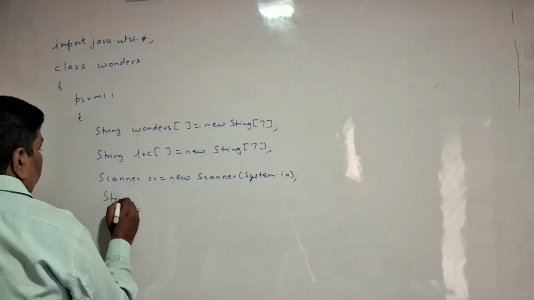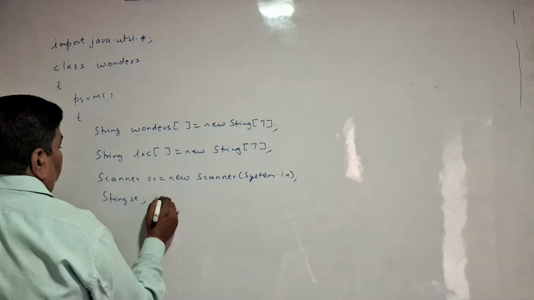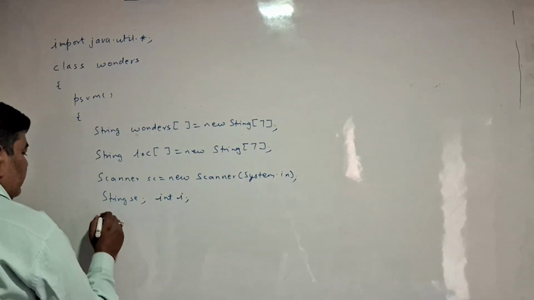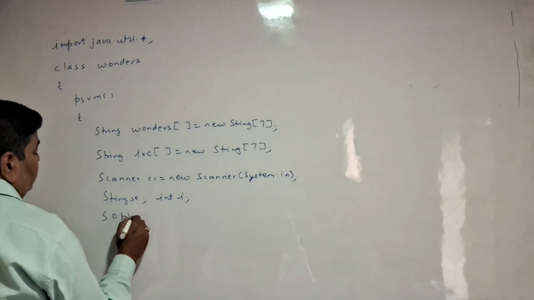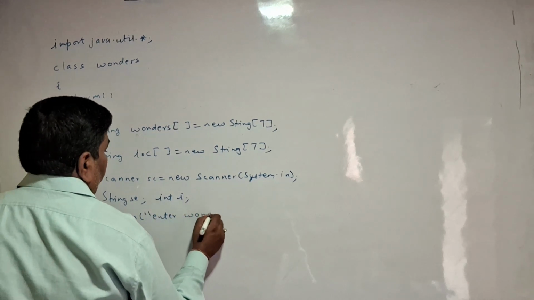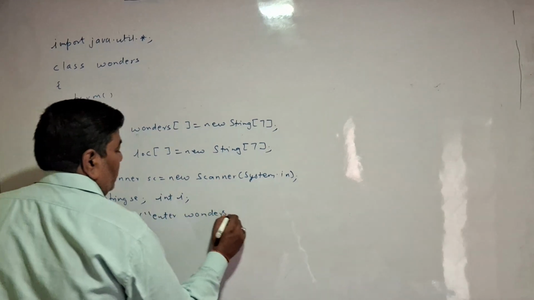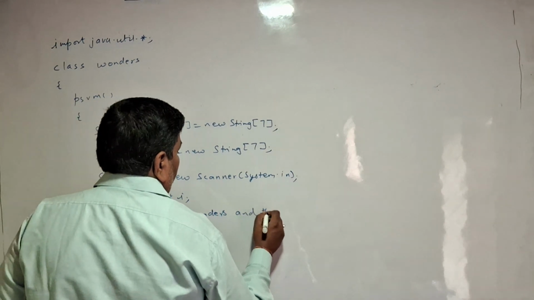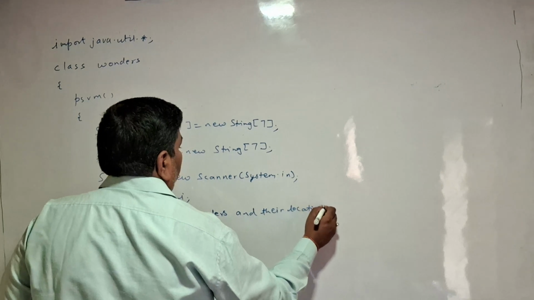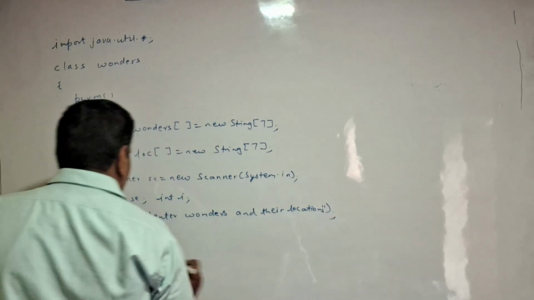Then the search element string, then to run the loop, integer i. Your input message: enter wonders and their locations. Give a message like this.